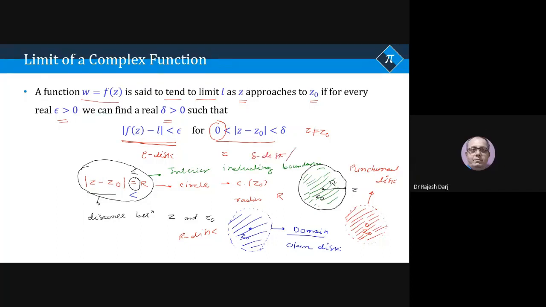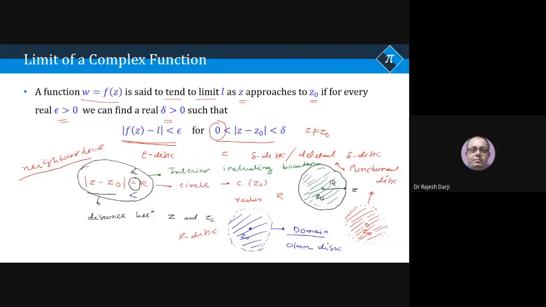Sometimes it is known as deleted delta disk. Deleted or punctured, both are the same. The point is deleted. Or it is sometimes known as neighborhood, N-E-I-G-H-B-O-U-R. If you have studied in 12th standard, this is called the Samipya.